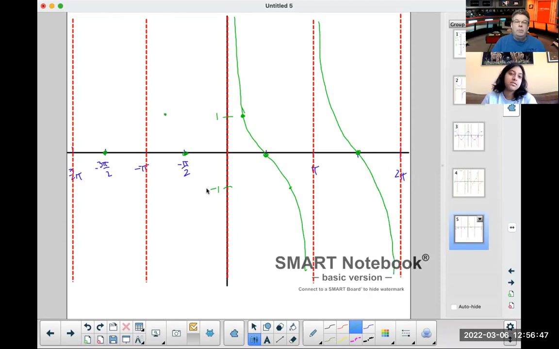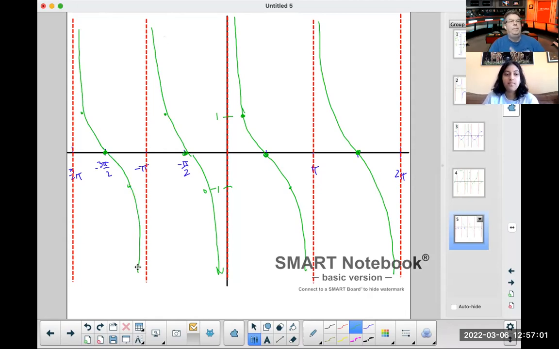It gets embarrassing if I don't have it. And so on, forever and ever. There you go. So I would argue the reciprocal functions are easier to graph.